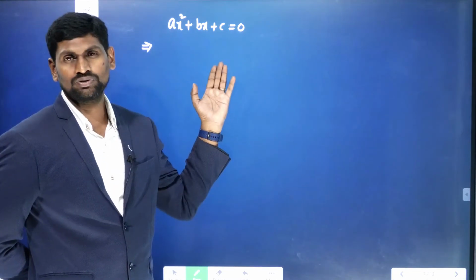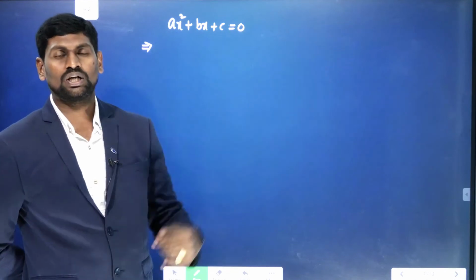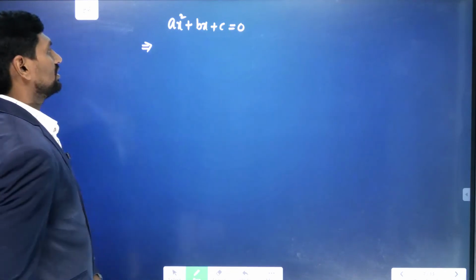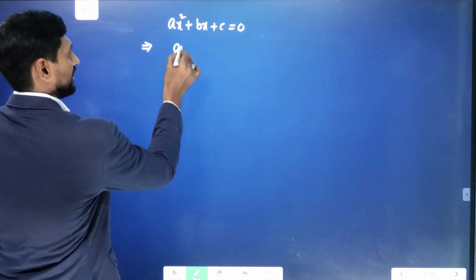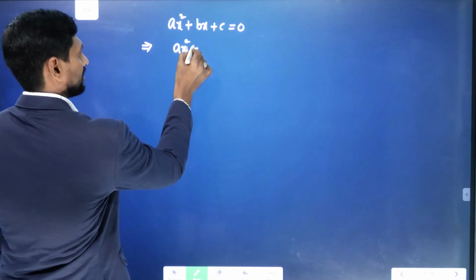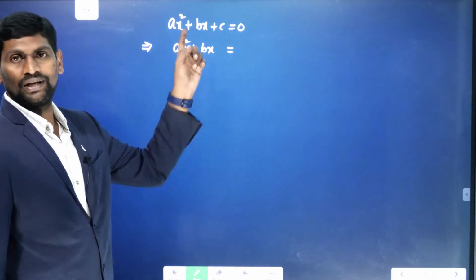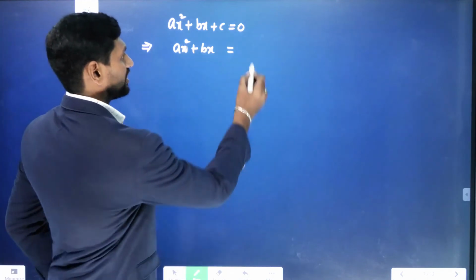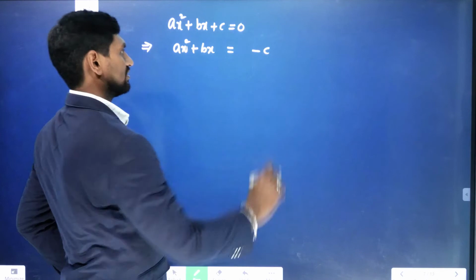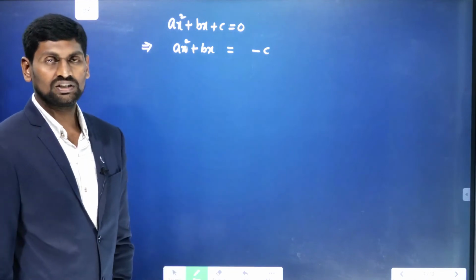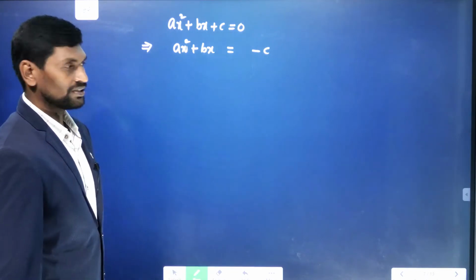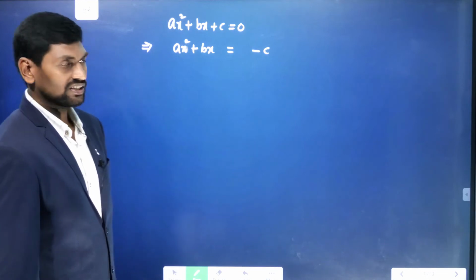First transpose the constant term to right side. That means ax square plus bx equal to plus c transpose that side, it becomes minus c. Okay, na? When you transpose plus c, it becomes minus c.